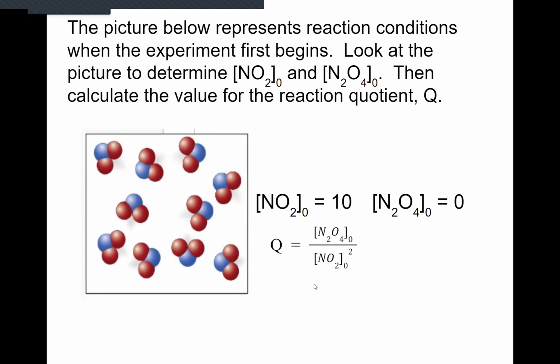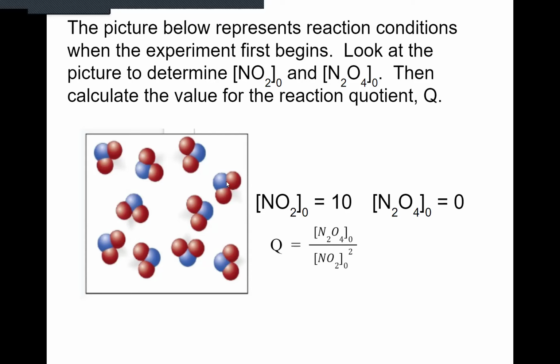We calculate Q the same way as we calculate K. If our equation was 2NO2 yields N2O4, take the product concentration divided by the reactant concentration raised to the power of its coefficient 2. But you also add the non-mathematical subscript 0 outside the brackets.